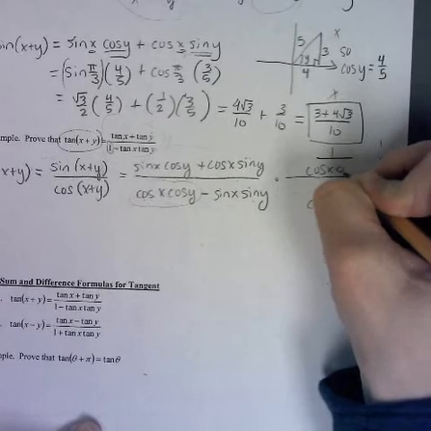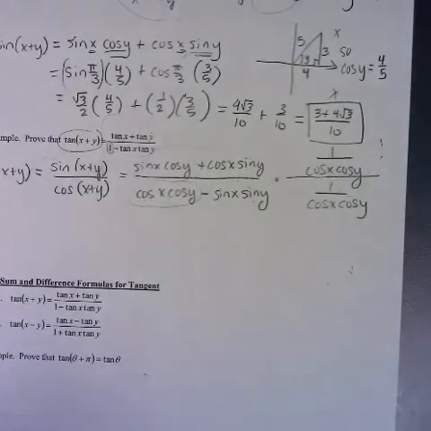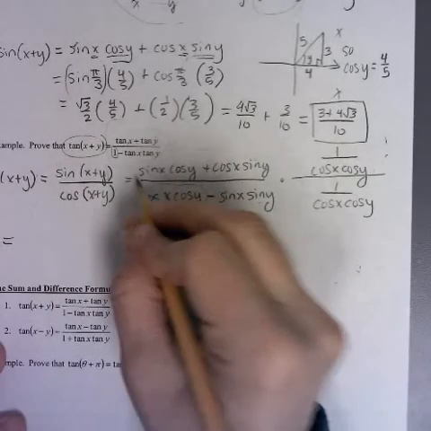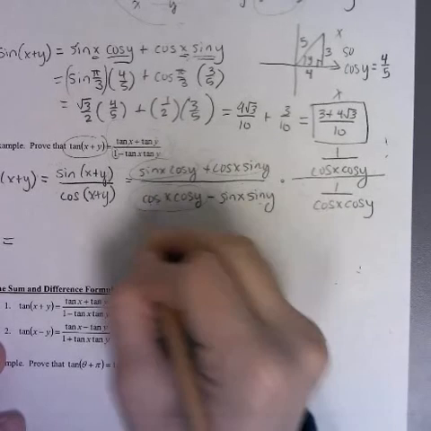So when I distribute, I'm going to put this step in. All 4 of these terms get divided by cosine x cosine y.